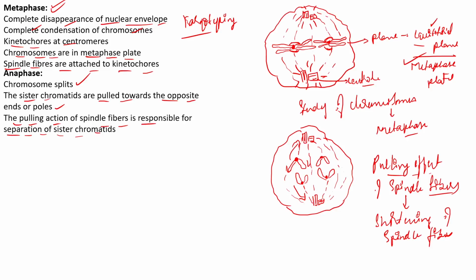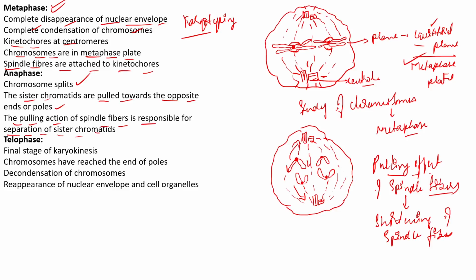The next stage we have is the telophase. Telophase is the final stage of karyokinesis. In telophase, you see that the chromosomes have reached the ends of the poles.